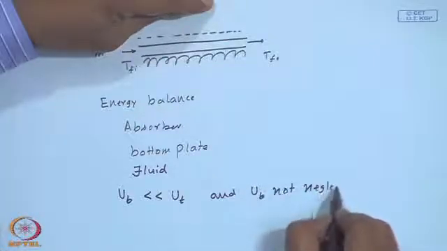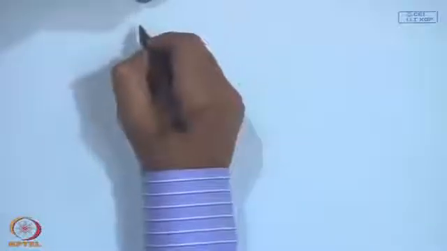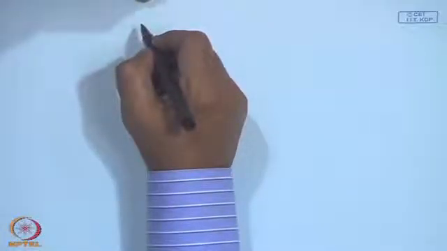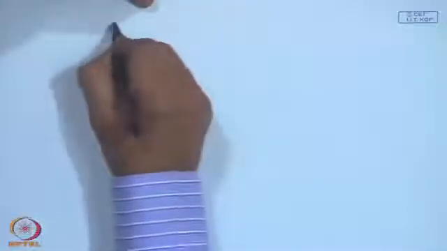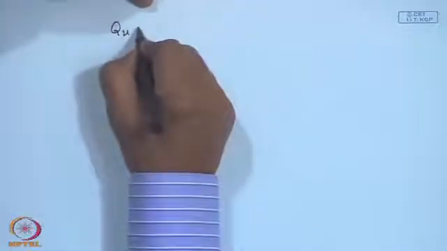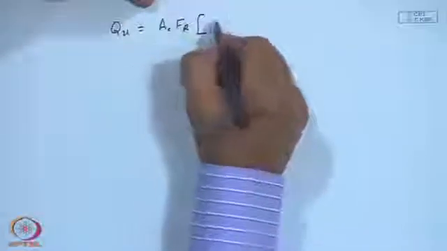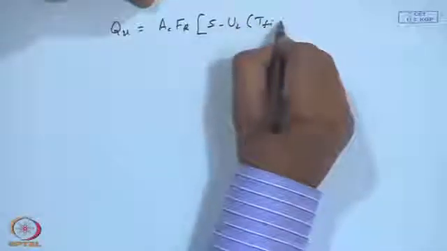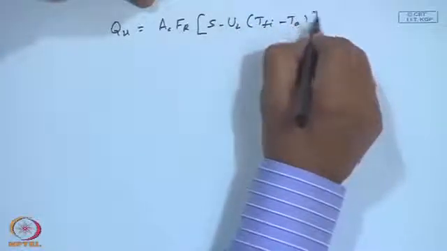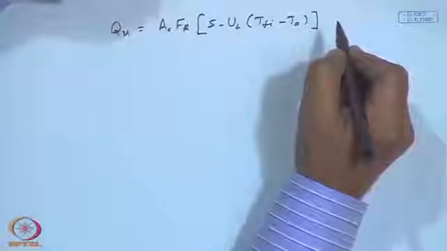We will get an overall loss coefficient, which is expressed in terms of U t and U b and other heat transfer coefficients. And finally, q u can be put in the same form as A c F R into S minus U L into T f i minus T a, though calculation of U L will depend upon the heat transfer coefficients and the top loss coefficient and the bottom loss coefficient.